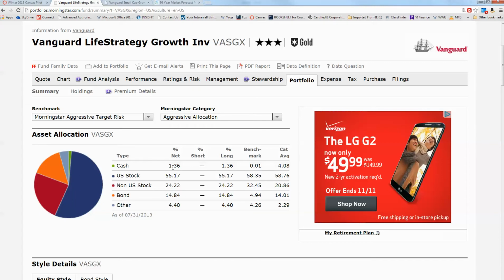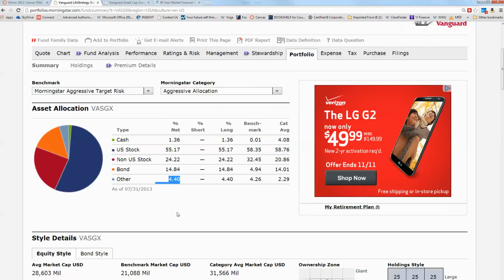So they've got 1.36% of their money in cash, 55% in U.S. stocks, 24% in non-U.S. stocks, about 15% in bonds, and 4% in other. You don't need to worry about the other classification. I am fairly certain I didn't choose funds that had high values of other, so I'm just going to ignore it.